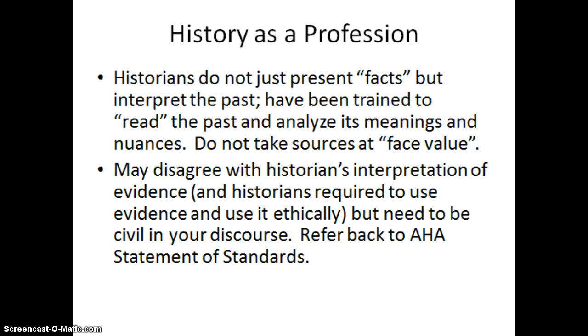And you can even question if a historian has used evidence ethically and correctly by checking their sources, and that's why citations are so important. But it is also very important to be civil in your discourse. Don't attack a historian just because you disagree with them.